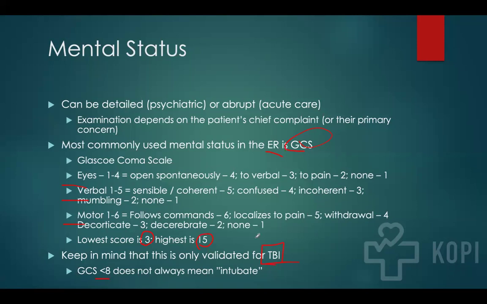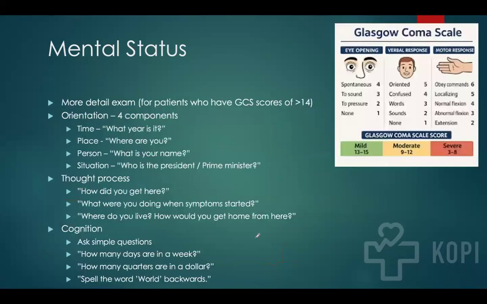Usually, this actually just implies that if the patient has a TBI and the GCS is less than 8, the risks outweigh the benefit to persevere at that point. So just remember this is not something that always is the case for shock. It's not the case for toxicologic ingestion. It's not even the case for stroke usually, but we do end up using it for stroke. Just remember that GCS less than 8 does not always necessarily break the airway. So that's just an important component of mental status.